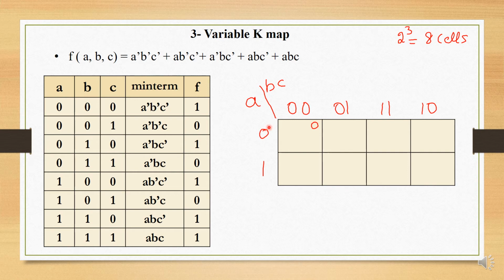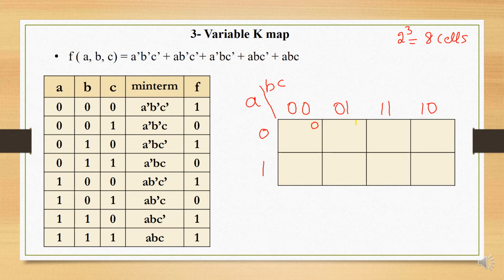We can write the cell numbers by considering the binary values of A, B, C. So 0, 0, 0 gives you 0. Next 0, 0, 1 gives you cell number 1. Next cell is 2, which is 0, 1, 0. So we find 0, 1, 0 here and we write cell number 2 here.